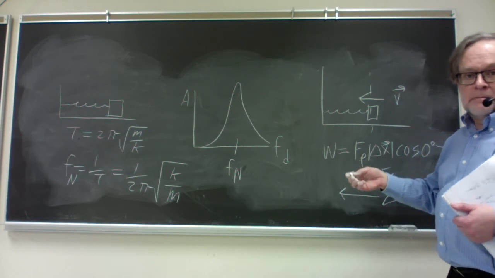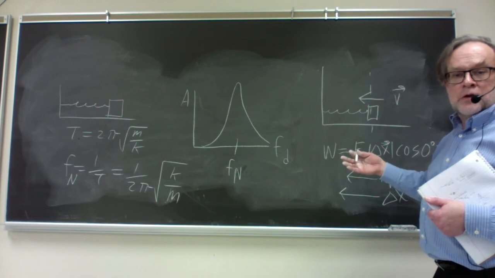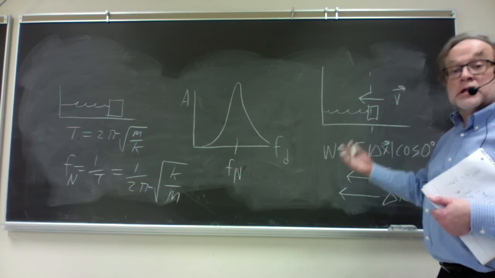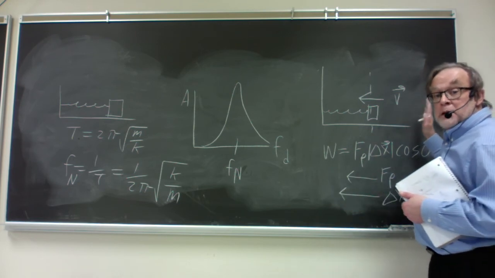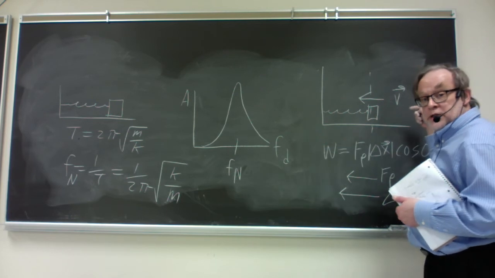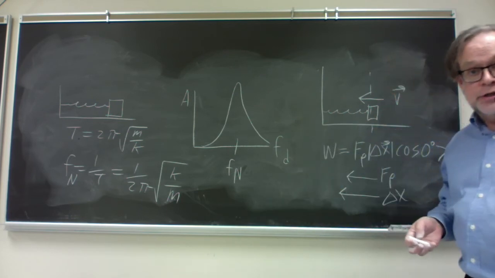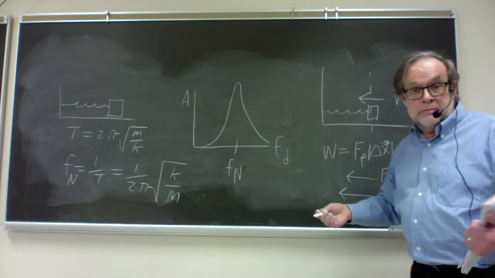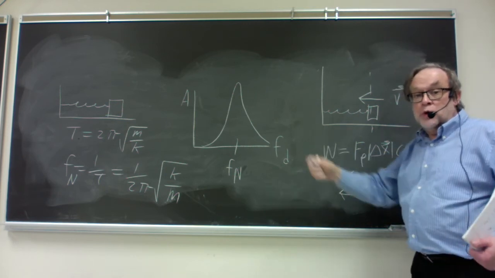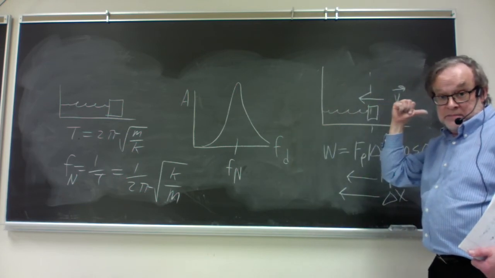On the other hand, if I pushed at a frequency that was different from the natural frequency, sometimes I'd be pushing this way when the mass was actually moving this way, and that would give positive work. I'd be adding energy to the system. But at other times, I'd be pushing this way while the mass was moving the opposite way.